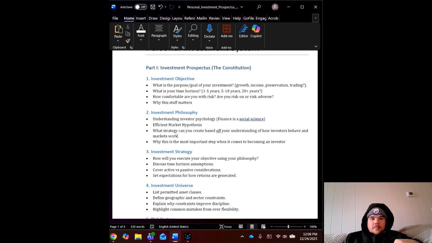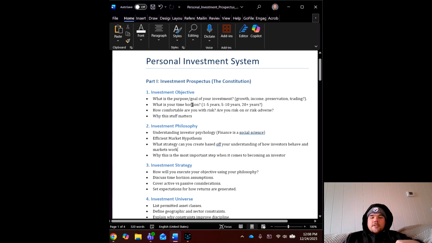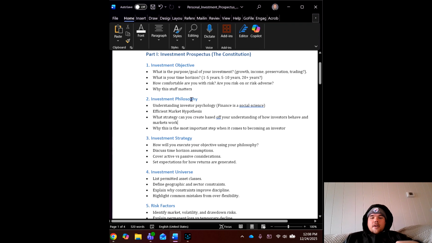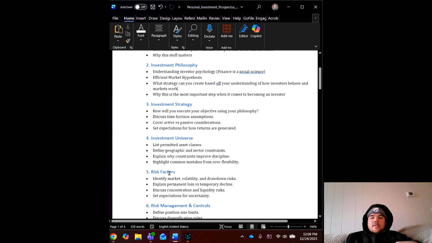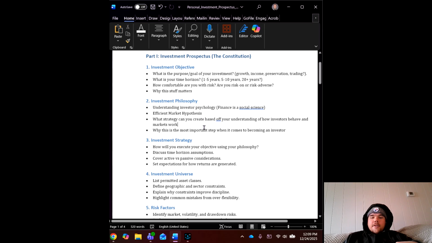Definitely do your own research, get a great understanding of these things, because these are the first two steps of becoming a successful investor. I would say these are probably the most important steps out of this whole thing, because this is the actual true foundation of your investments.